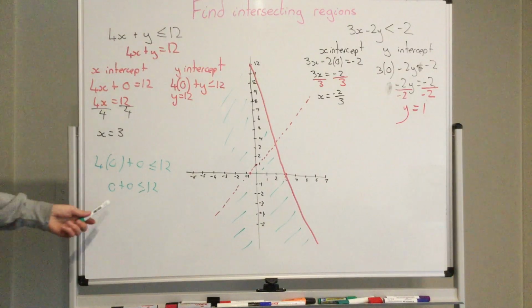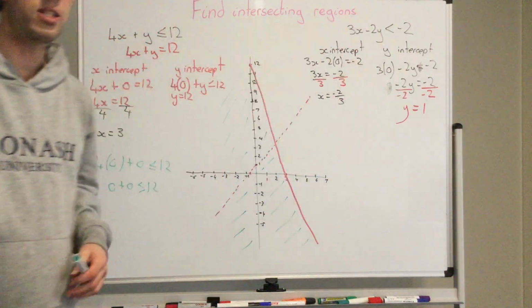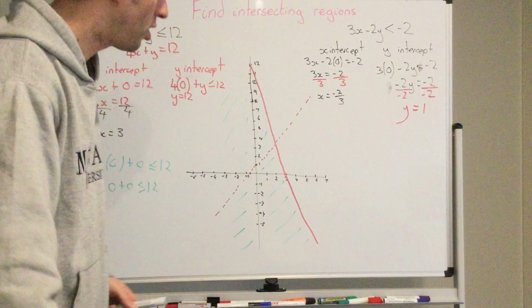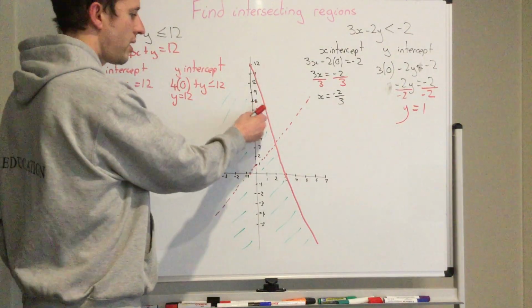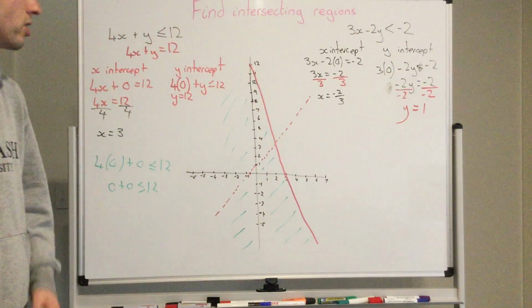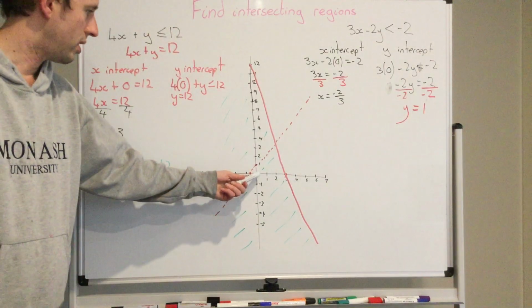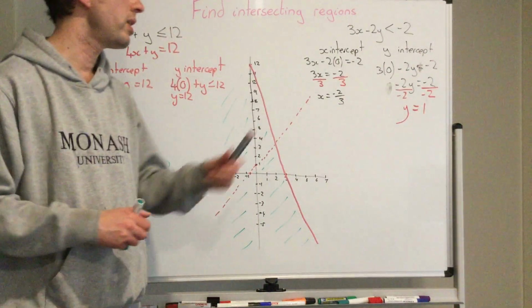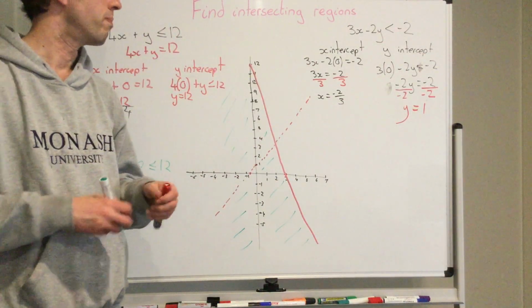Next, I need to think about going over to this one here. Now I'm going to pick a point because it's either this side or this side of my equation. So let's see if the same point, 0, 0, fits in with this equation.